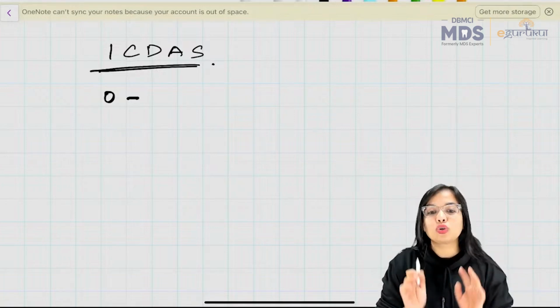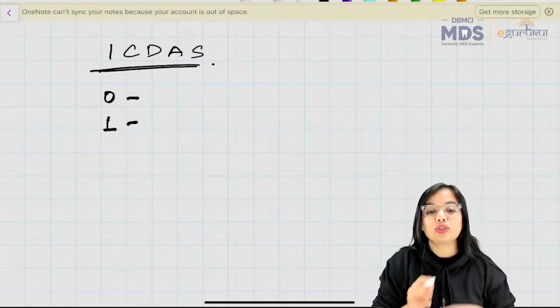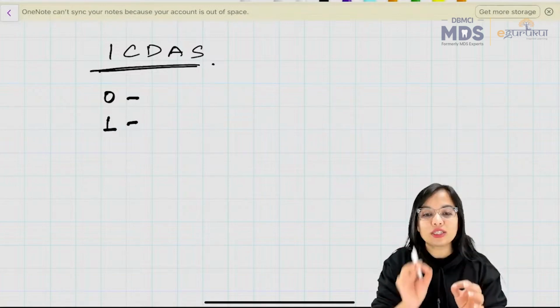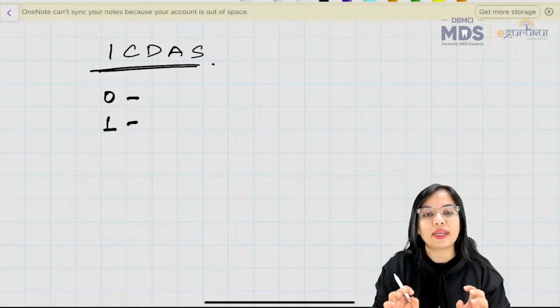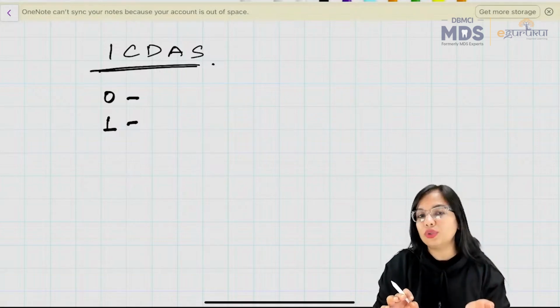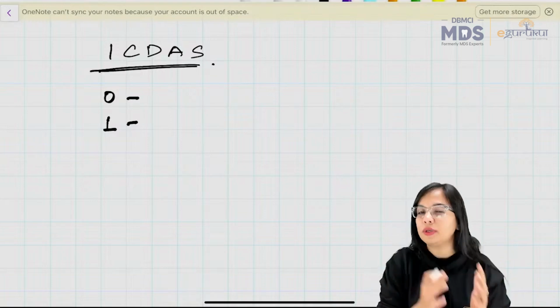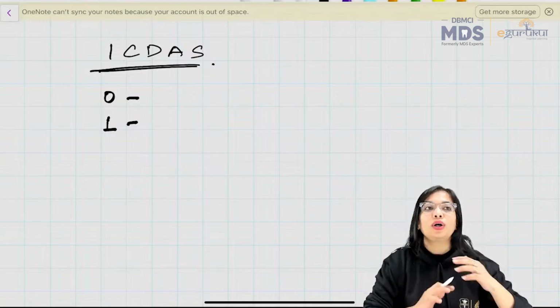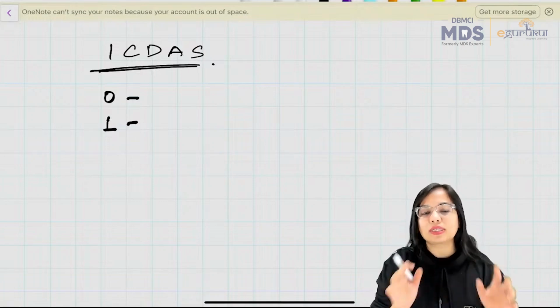So that becomes score 0. Then there is score 1. So in score 1 we have the first visual change in the enamel seen only after air drying. So just like that, if you see the tooth clinically, you will not be able to appreciate any degree of demineralization or any degree of cavitation, nothing, no discoloration.